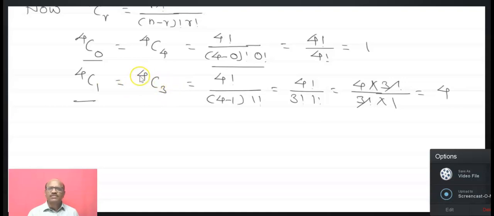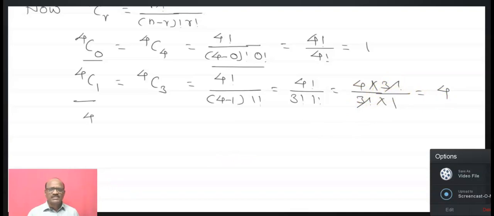Now here n is 4, 4 minus 1, it becomes 4C3. Now these two values are equivalent, therefore I am taking only this 4C1 and it is equivalent to this also. Therefore 4 factorial upon (4 minus 1) factorial into 1 factorial. That is 4 factorial as it is, 4 minus 1 means 3 factorial into 1 factorial. And now these 3 factorial get cancelled and you are getting the value 4.